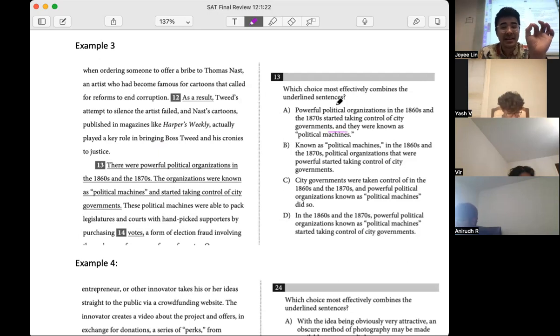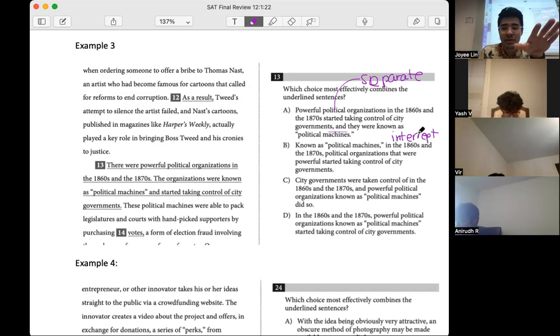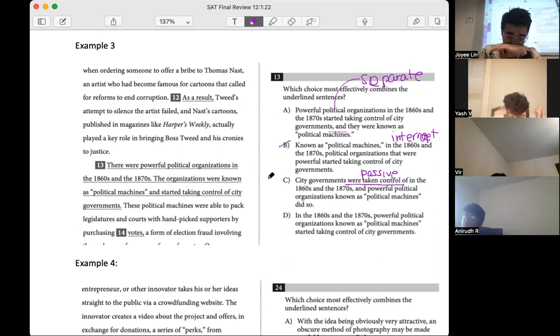Comma and is separating. That's a separation, so that's why that one's bad. Known as political machines in the 1860s and 70s, that's the interrupting. If we can avoid interrupting, that's great. Sometimes you have to. That's why B is bad. City governments were taking control of, that's called passive voice. We usually should avoid passive voice. So A, B, and C all have specific reasons they're not as effective.